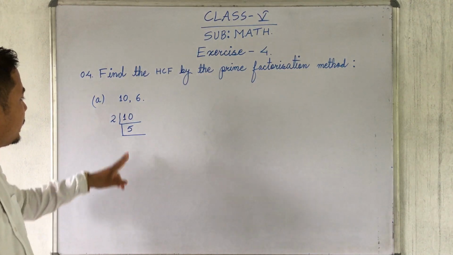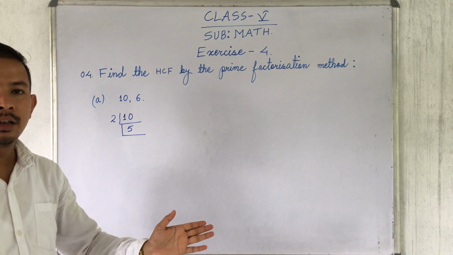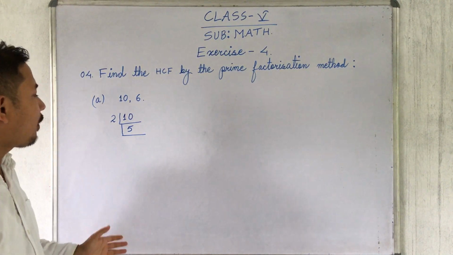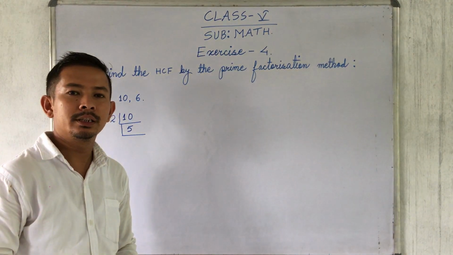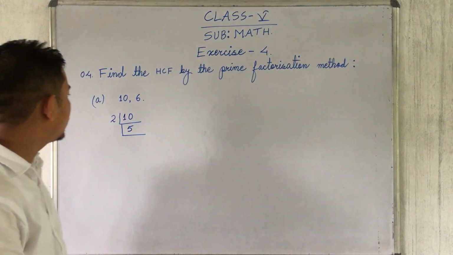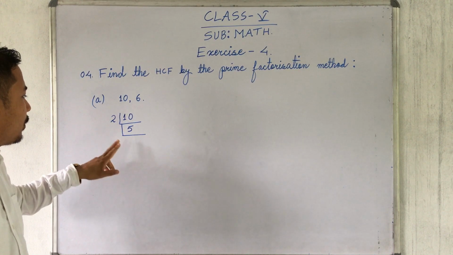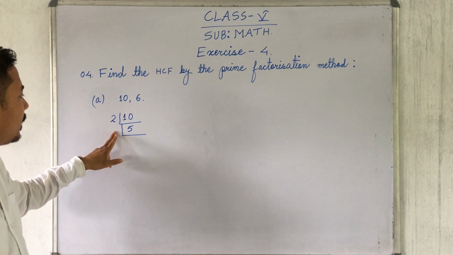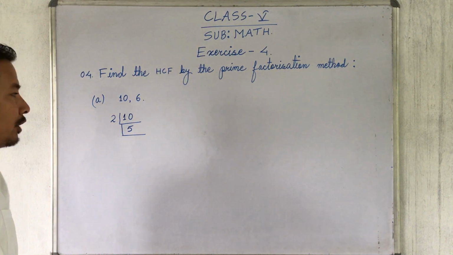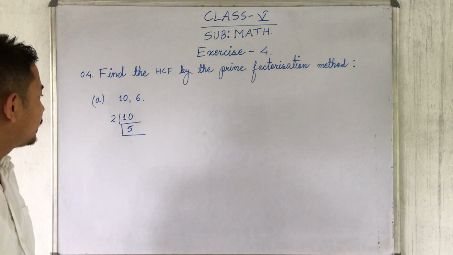Now see here, is this number divisible by 2 or not? This number is not divisible by 2, because 5 is not in the table of 2. So if it is not possible to divide by 2, then we have to try another number such as 3. Is it possible to divide by 3?